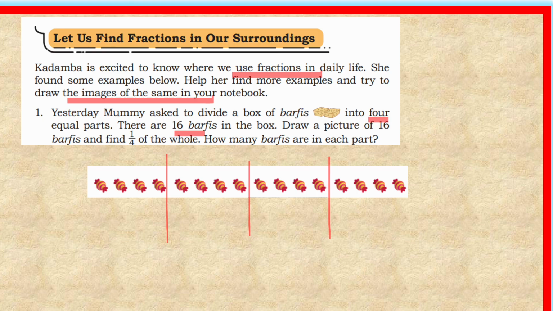Total how many burfis? 16 burfis. We have to divide the 16 burfis into 4 equal parts. So, what is 16 by 4? 16 divided by 4 is 4. So, each part contains 4 burfis. So, 1/4 of 16 burfis is 4 burfis. There are 4 burfis in each part.